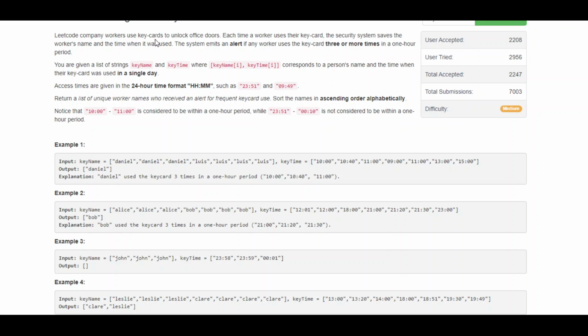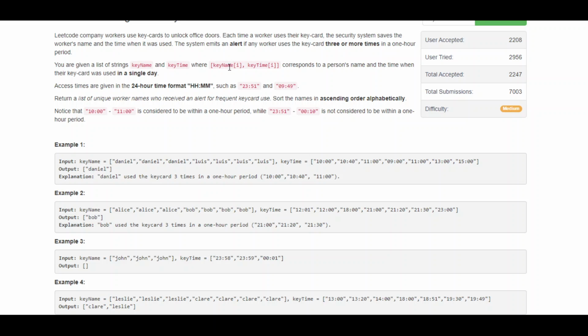And when we have a worker that passes the card 3 times or more in 1 hour, we have to alert that user. So this is the general goal of the question: alert people that use the keycard more than 3 times in 1 hour.